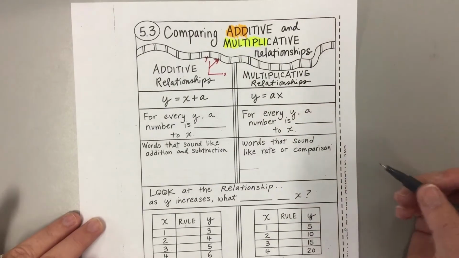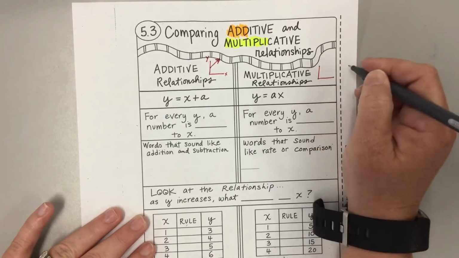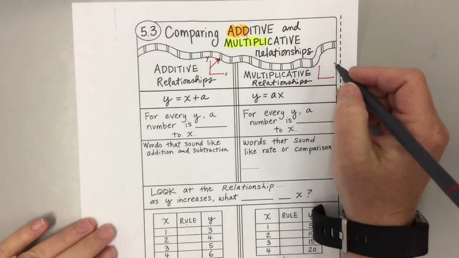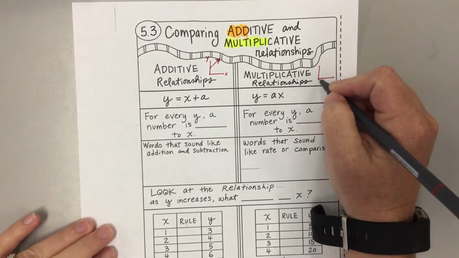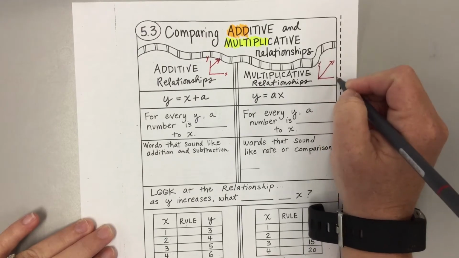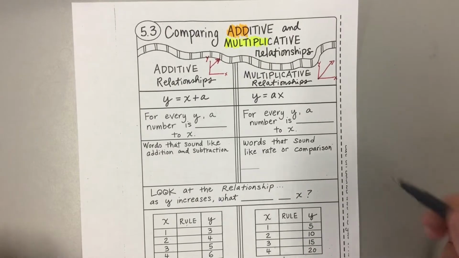Could be further down, whatever, but the multiplicative, and this is like when you see a graph and it does this, you know automatically, no ands, ifs, buts, that it's a multiplicative. It will always start at 0 and go up, because the multiplicative relationship will always go through the point of origin. Always.